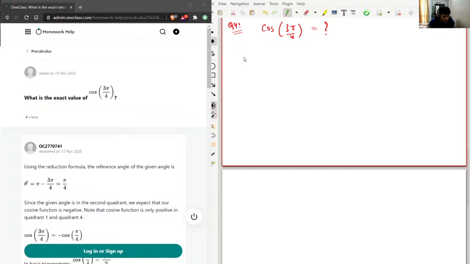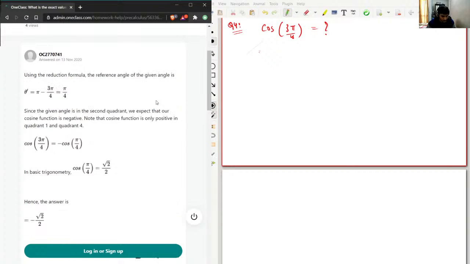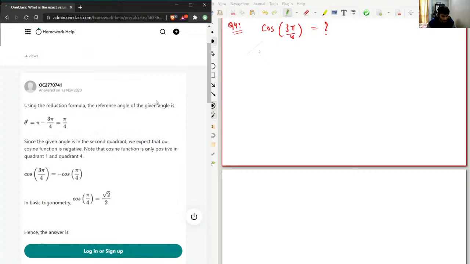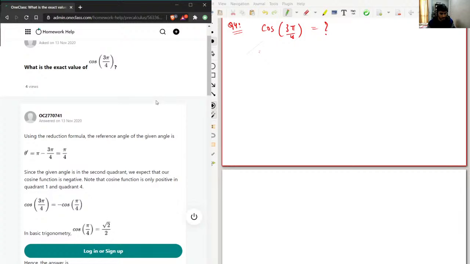Okay, so for calculating this, we'll be using the reduction formula, because they have used the reduction formula here also. So we'll use the reduction formula.